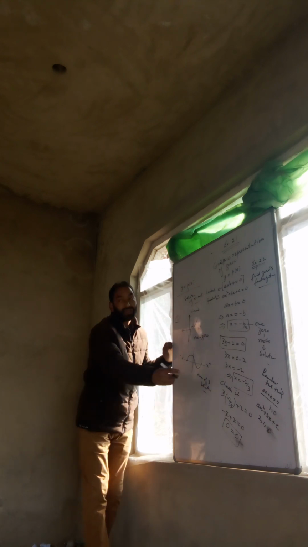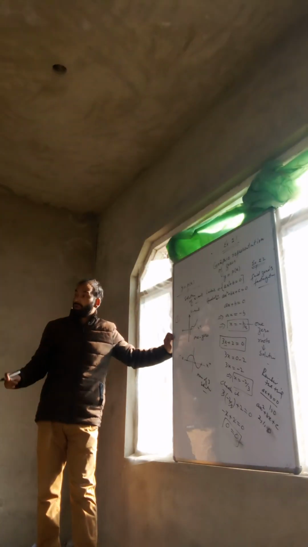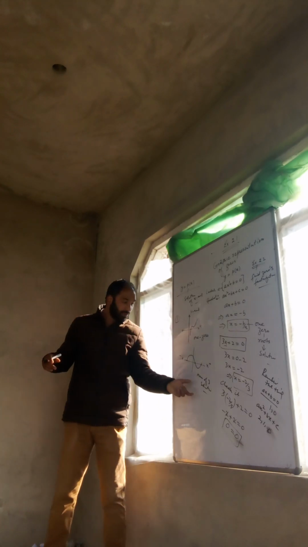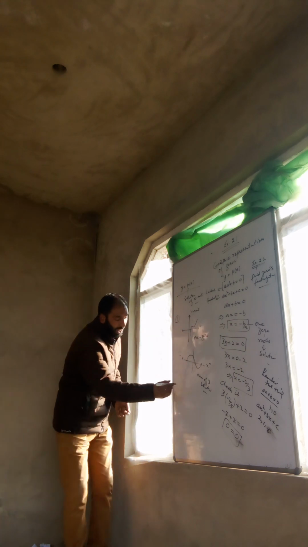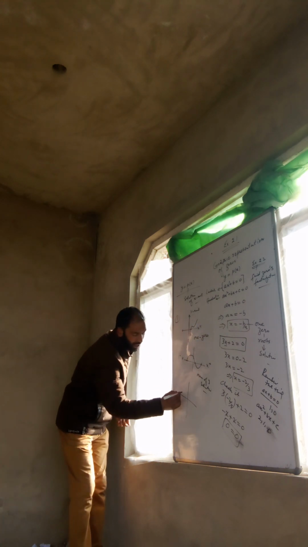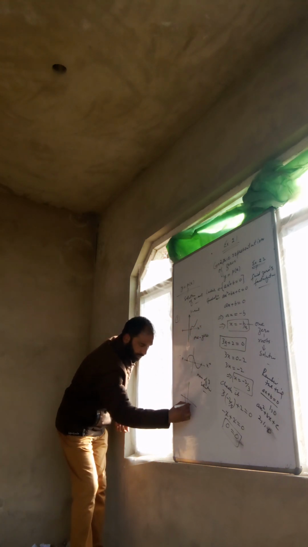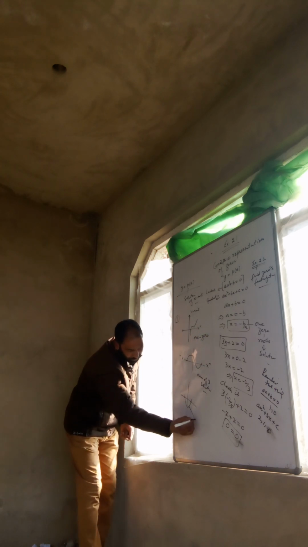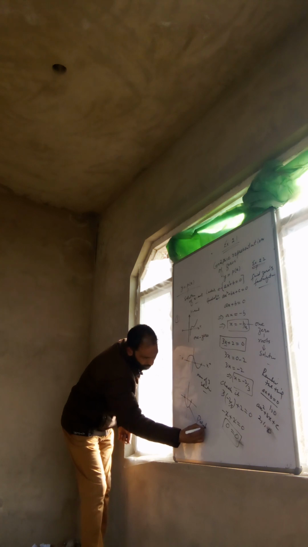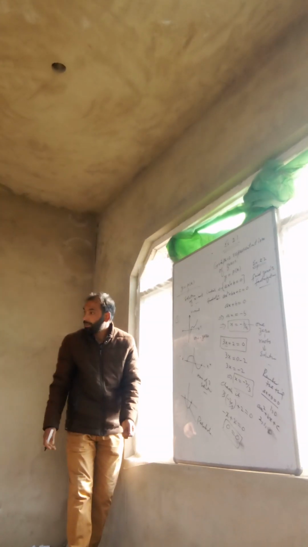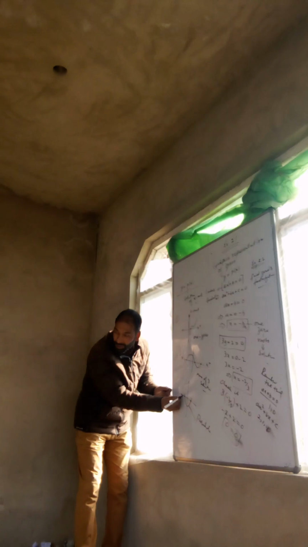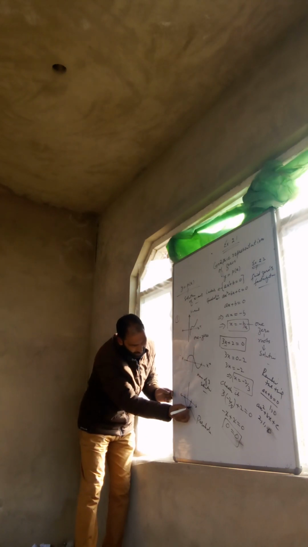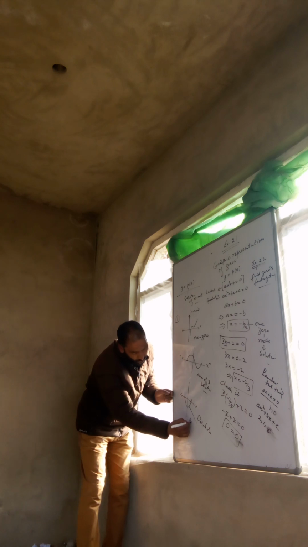So the quadratic has 2 solutions. This may be a cubic. This shape is called a parabola. How many points does it intersect the x-axis? 2 points. So we call it 2 zeros.